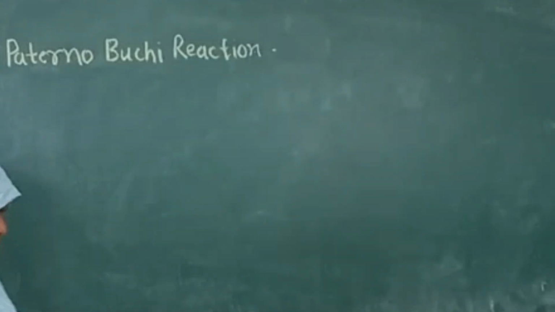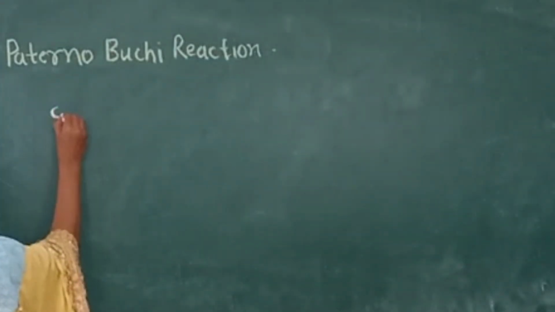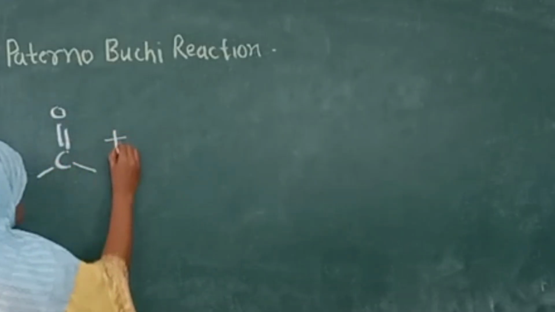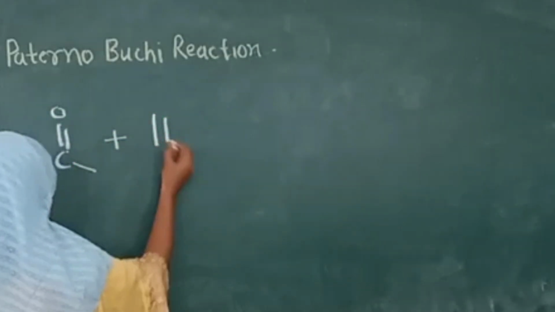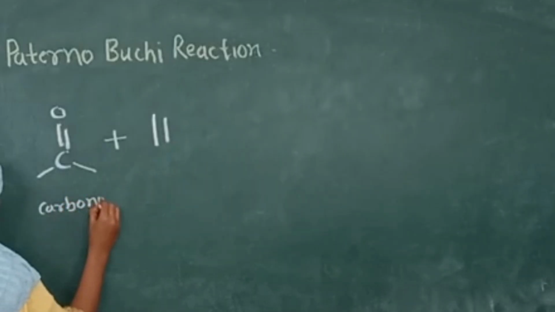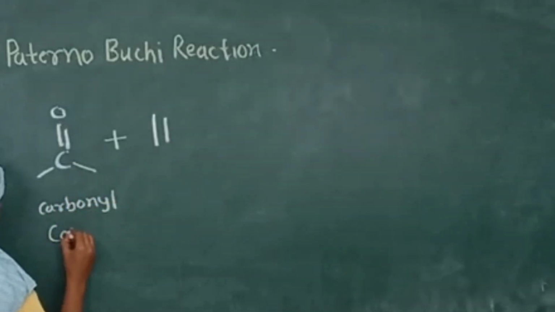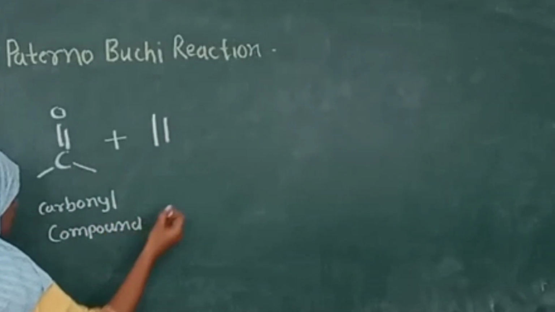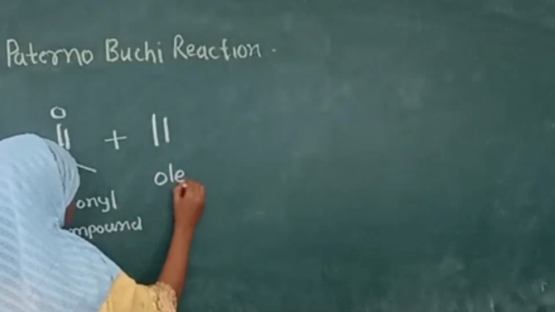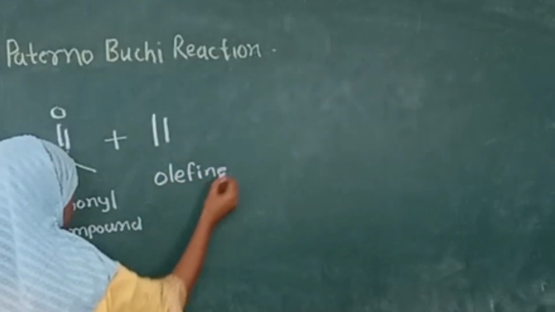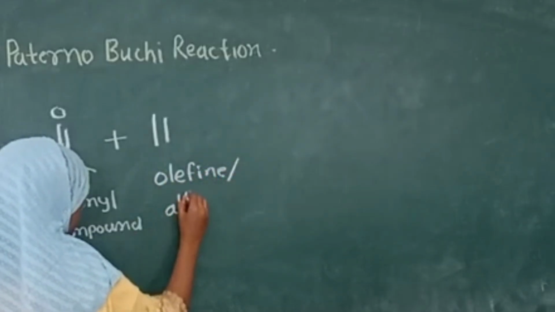Let's see the example. Our carbonyl compound, then olefin. And here our olefin, or it is also called an alkene.